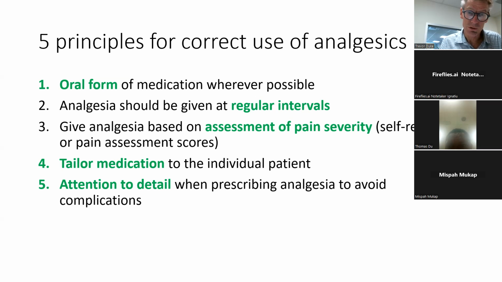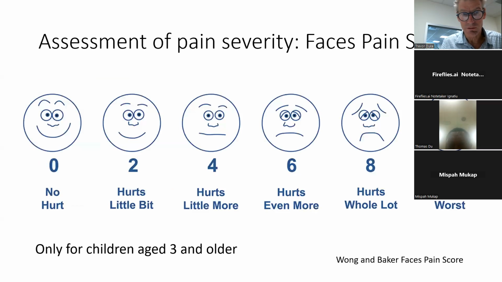They're the principles. The oral form, give it at regular intervals, not so much on a PRN basis. Make an assessment of pain severity, tailor the medications to the individual patient, apply attention to detail, and make sure that staff who are administering the medication know exactly how much to give.